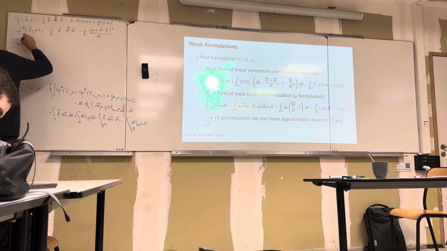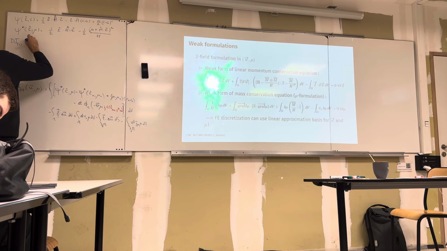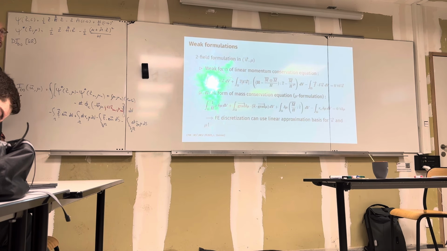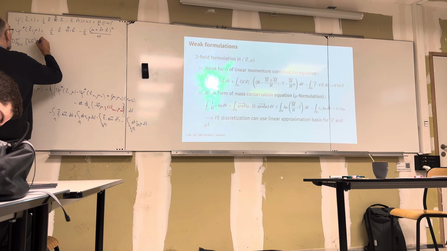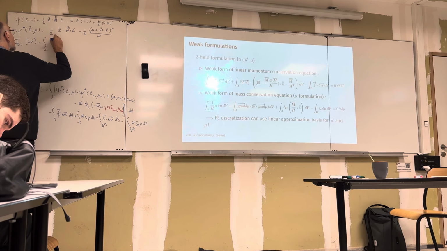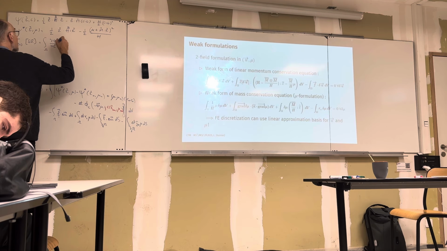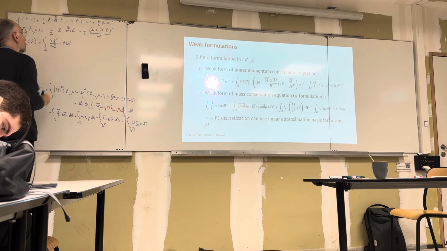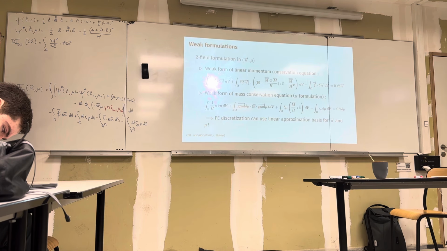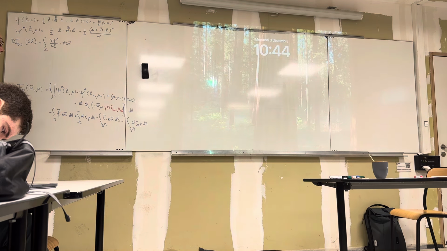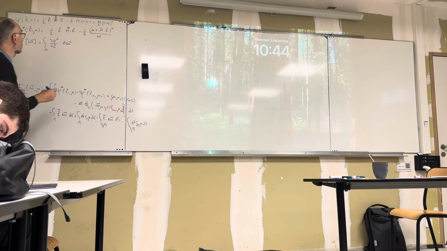I'm going to make it a bit compact. I'm taking variations on u. Where does u come in? It's from here. So I'm going to have this: the derivative of psi star with respect to epsilon times the variation of epsilon, which is the gradient of delta u. And then I've got the force terms.